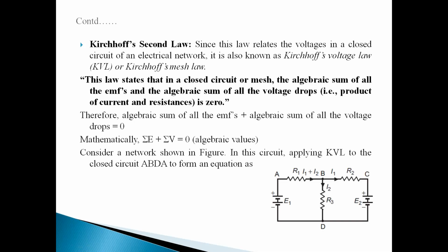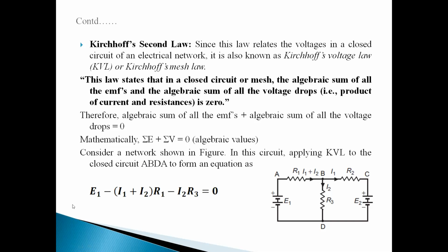To understand this, let's consider this diagram or circuit. We will apply the KVL in the ABDA circuit. If we apply the KVL in the ABDA circuit, there will be only one EMF.